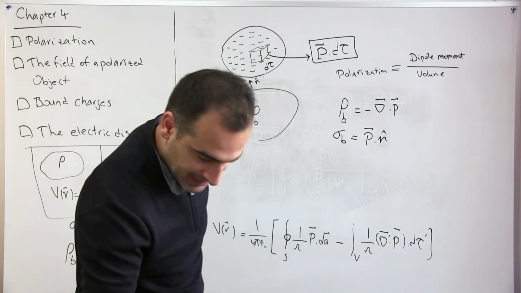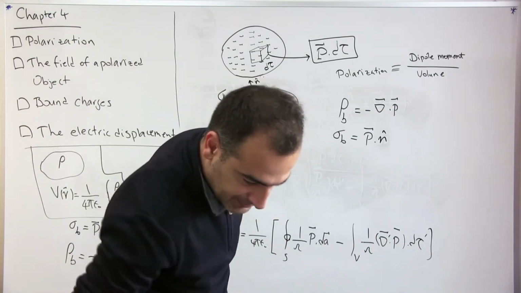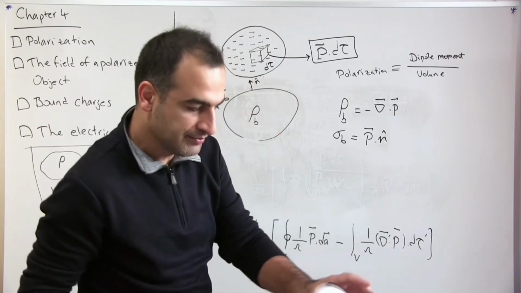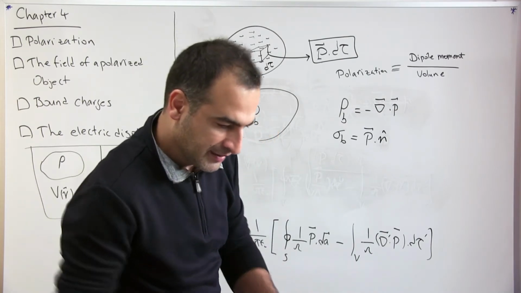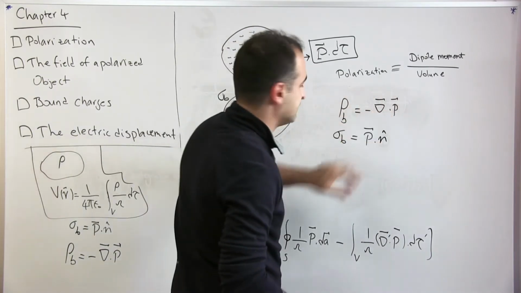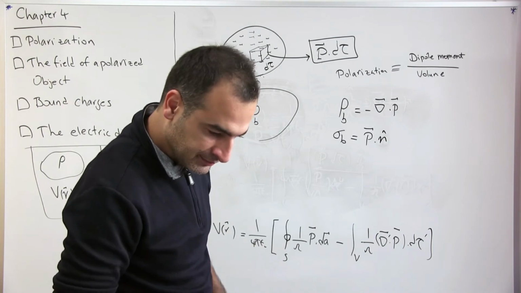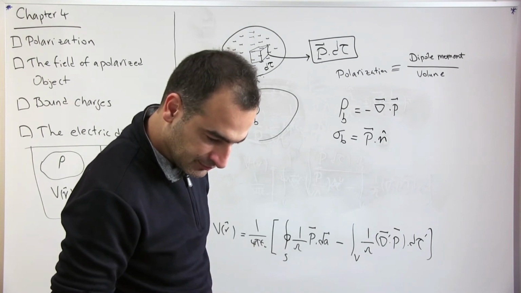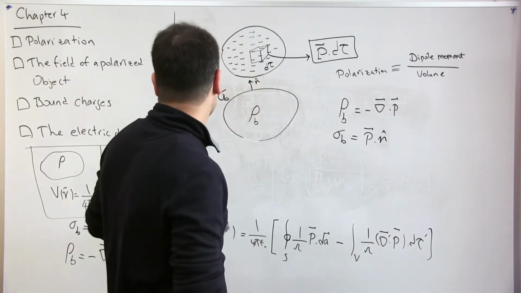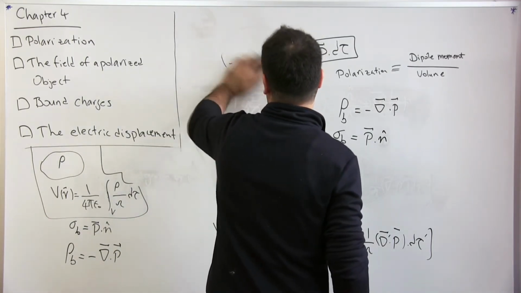All right, so let me see if I can do one example, and I'm going to explain more on how this volume charge and surface charge are related to the polarization. Cool. So let me clear this one.